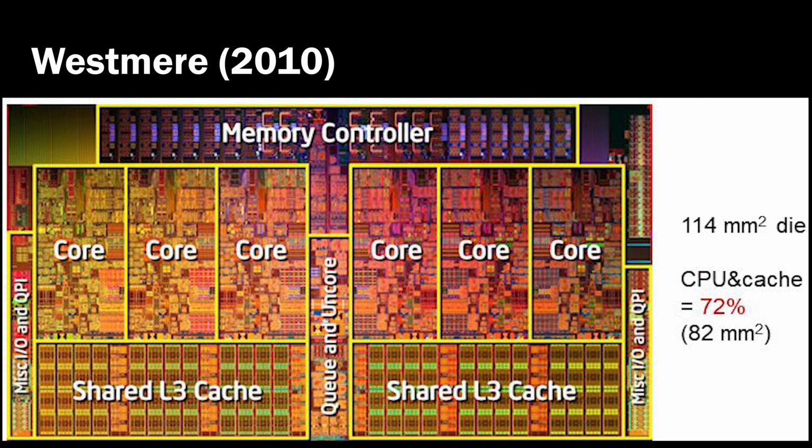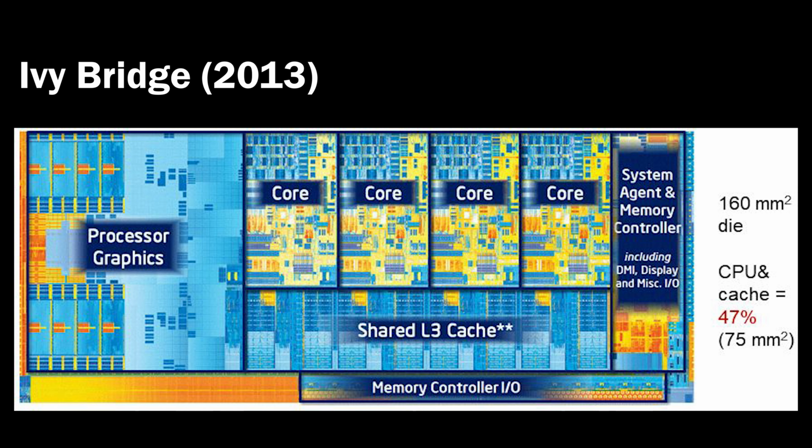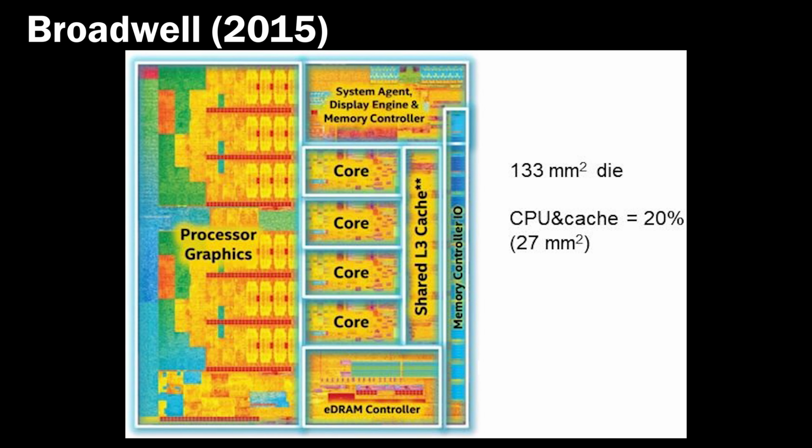The next processor added specialized hardware for graphics and video, which shrunk the general purpose CPU part of the processor to 47% of the chip. And this trend continued until now the processor area is less than 20% of the chip in newer chips. The other 80% is all special purpose hardware for accelerating specific things, for speeding up specific calculations.